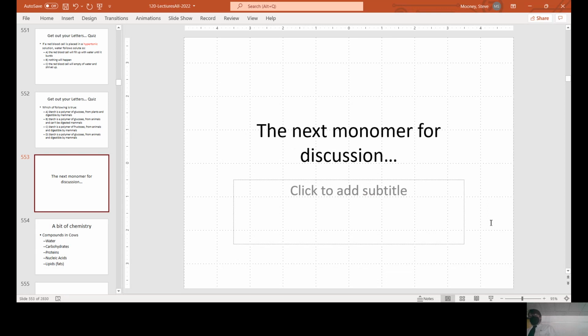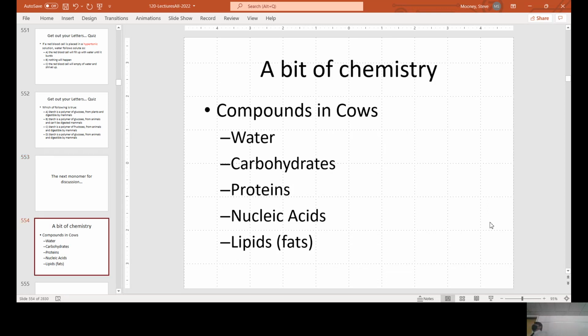So the next monomer for discussion is nucleic acids. These are what make up our DNA and our RNA. We're going up in complexity. Glucose, relatively simple, to amino acids. Nucleic acids become more complicated still.